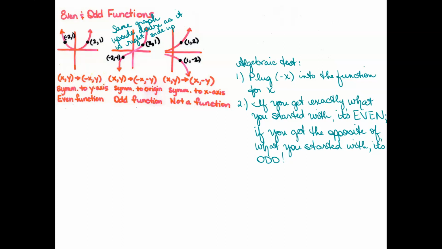So again, when you plug in a negative x, if you get exactly what you started with, that's even. But here you'll notice that when we put in a negative x, we get a negative y. We get the opposite of the y that we started with. So when you get the opposite of what you started with, it's odd.